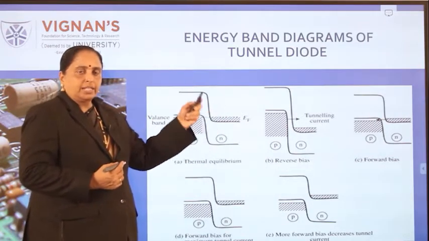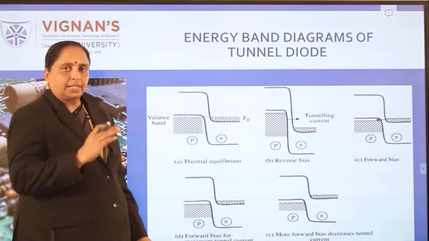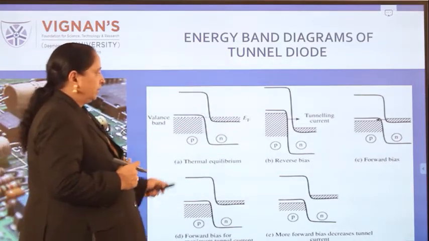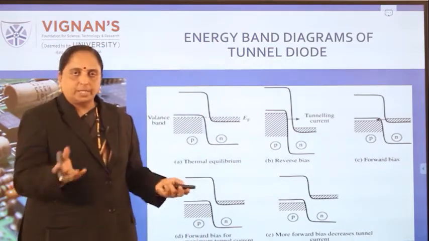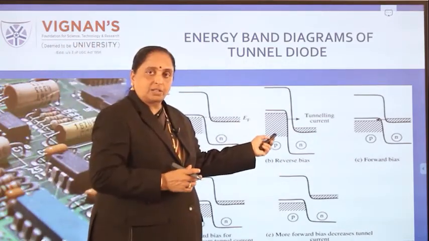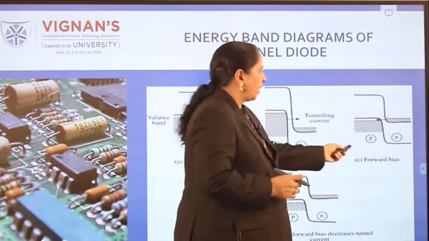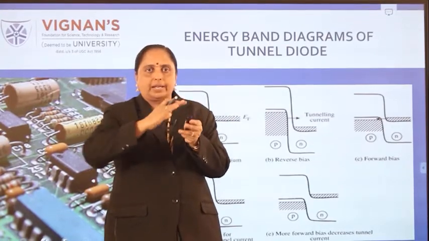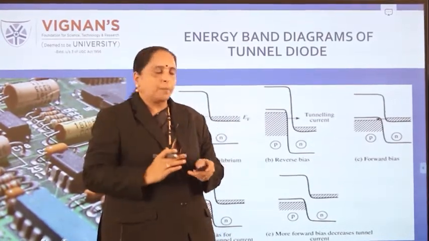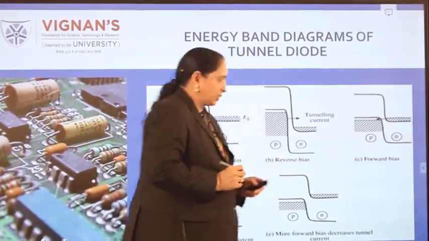Already you know the energy band diagram of P-type and N-type semiconductors. Therefore, in reverse bias, more carriers move away from the junction, so the reverse current is also very large. And in forward bias condition, holes and electrons travel towards the barrier so that the Fermi level rises up. This is the construction.